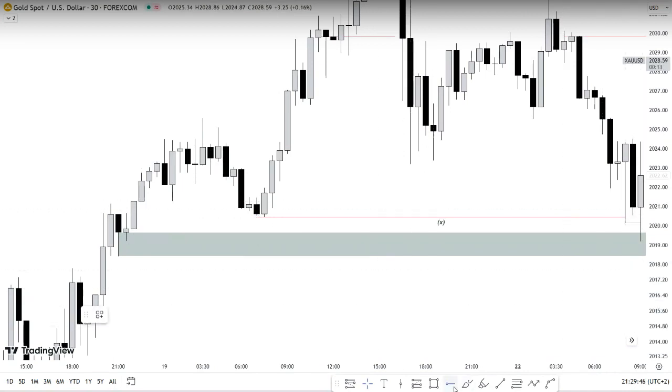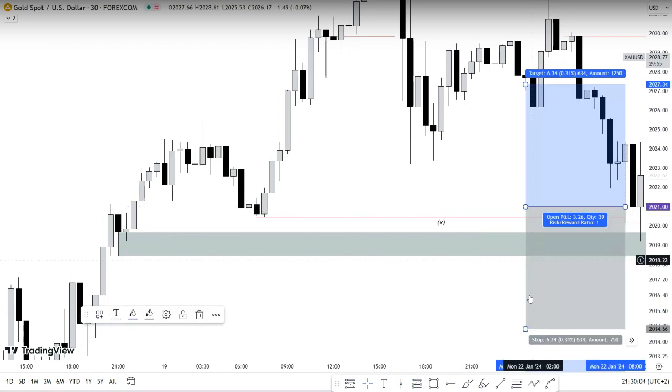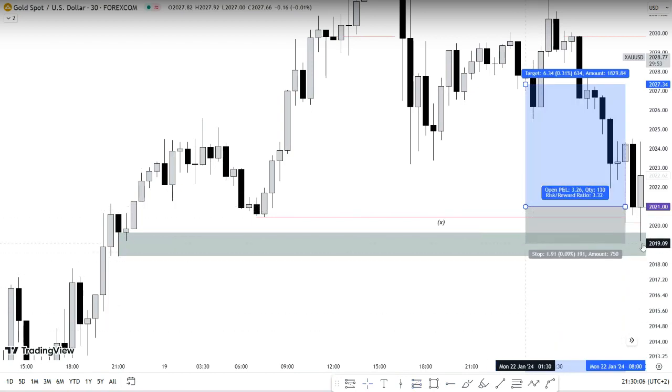Where would you mark up your entry? I know, it's super clear. Just right here, bro. Sell, buy. Then you mark up your entry level right here. Then stop loss, you can set it here.